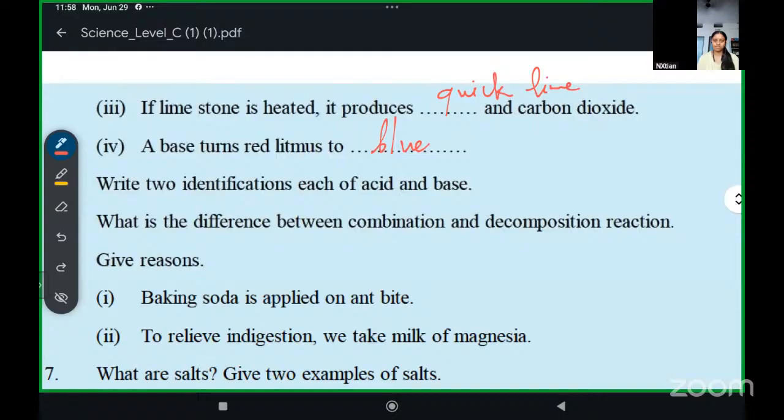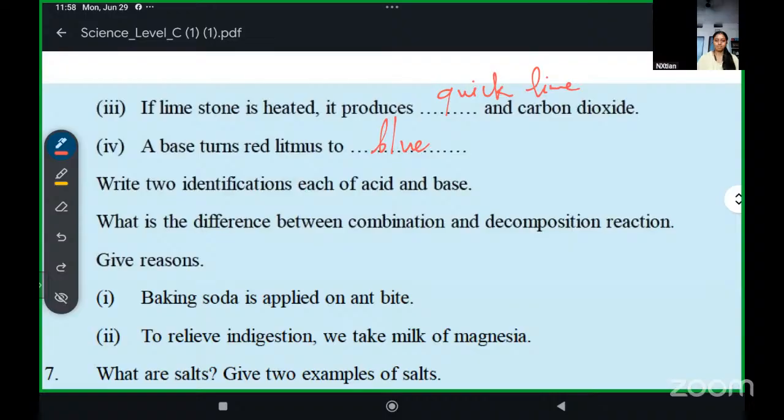Ma'am, one second, I'm just reading the paragraph. I wasn't there on Friday. You were also not there on Friday. Okay. So I will put the link in the group. Abhija, Eva, both of you can just watch Friday's class later today.